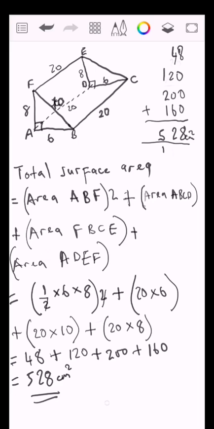Question E, it has been suggested by a subscriber. And the subscriber was saying the answer in the marking scheme is not the answer they got. But the answer they got is 528 square centimeters. So I just want to remind you, you should not use this as a scapegoat for not getting correct answers.